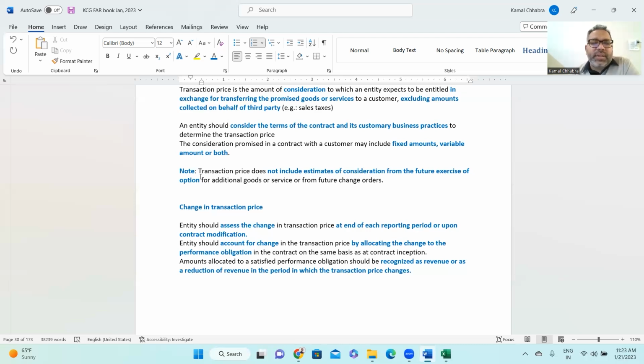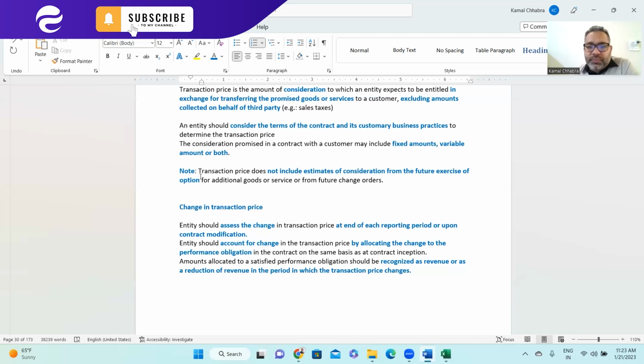Next thing, if you look at the note over here, transaction price does not include estimate of consideration from future exercise of option for additional goods or services or from future change orders. So as of now, what is the order in your hand? That you can evaluate only, but in expectation of a future order, you cannot recognize the revenue in the current time, right?